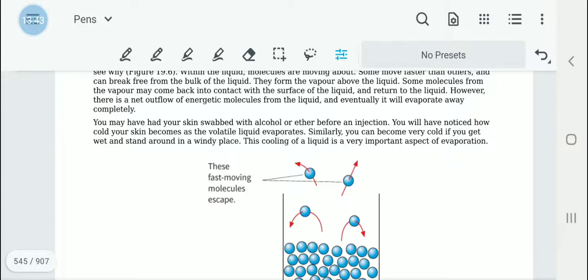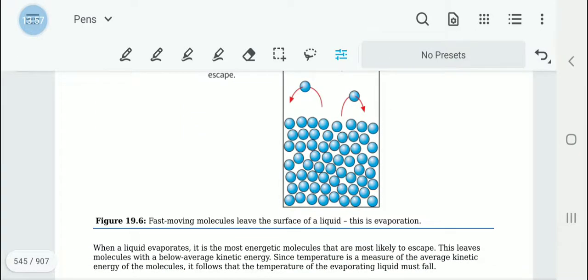Evaporation is a very important part of cooling down objects. Our body sweats, and that sweat is evaporated to make our body cool down. So those are examples for this.